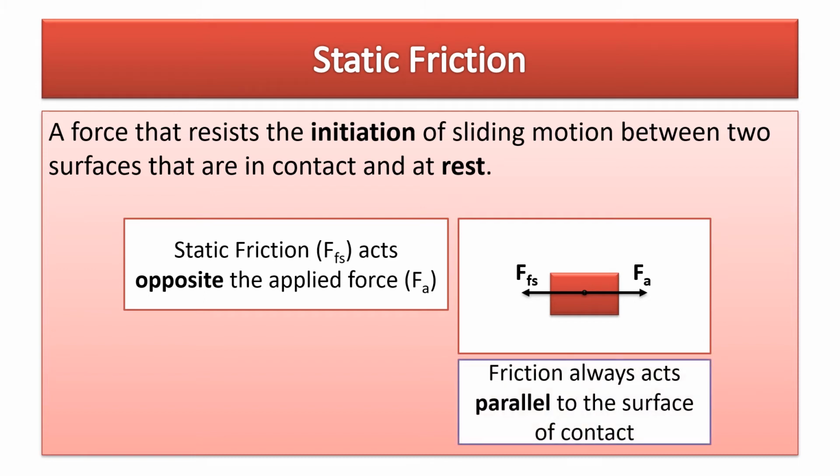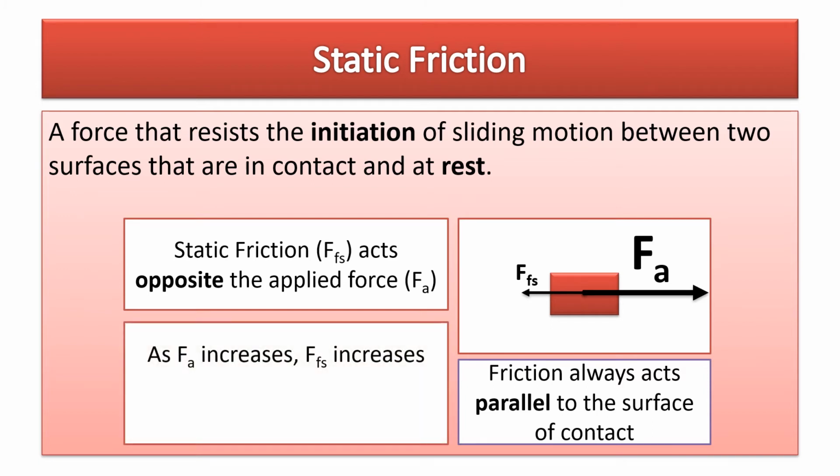And remember, friction always acts parallel to the surface of contact. So these two surfaces, in our case, the desk and the floor, the frictional force acts parallel to that interface there.